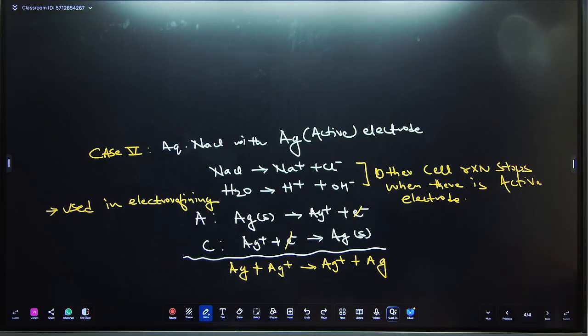So how many people remember electrochemistry studied in grade 10th? Extraction of elements. You remember? So there was a process, electrorefining, where the impure anode and pure cathode, all metals migrate from anode to cathode, only anode mud impurity was left. It is that reaction. It is used in electrorefining.